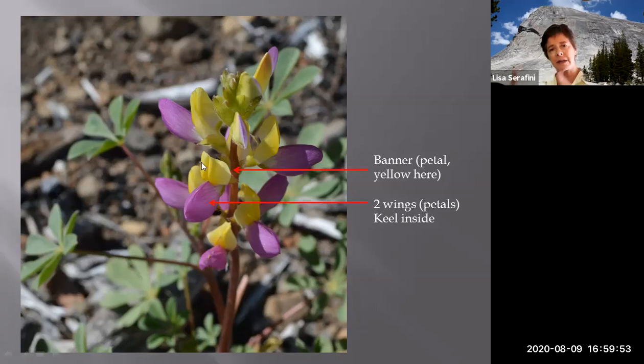Then we have petals coming straight out, and those are 2 wings, and they may adhere at the tips. But if you open those up, inside you're going to have what's called a keel. And the keel is going to be made of 2 petals that are connate, fused together, and it really looks like a canoe.